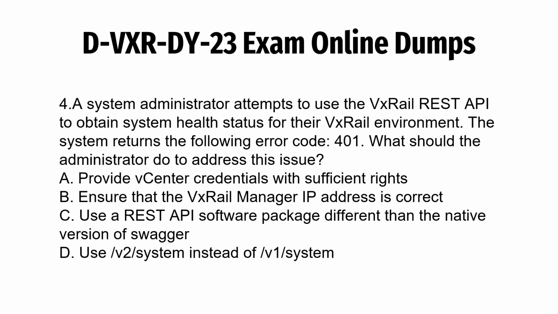B. Ensure that the VxRail Manager IP address is correct. C. Use a REST API software package different than the native version of Swagger. D. Use v2 system instead of v1 system.